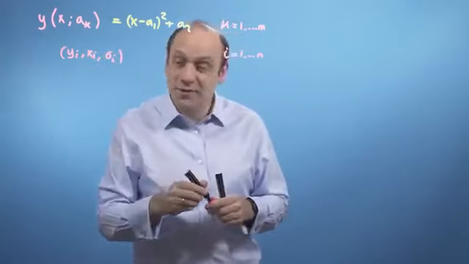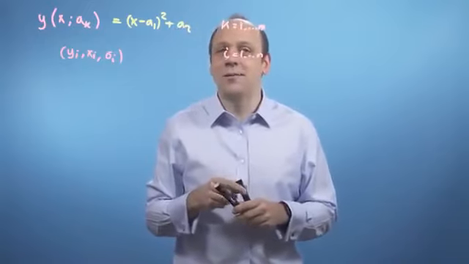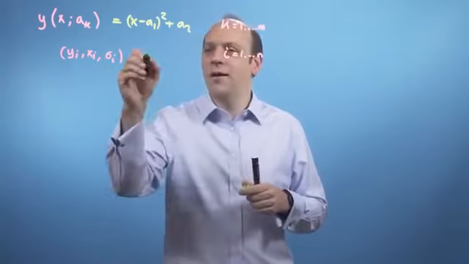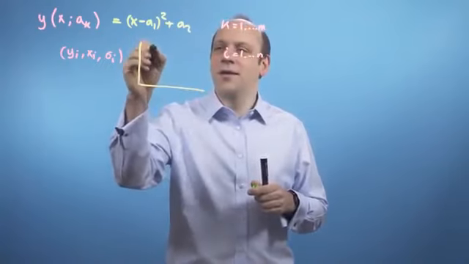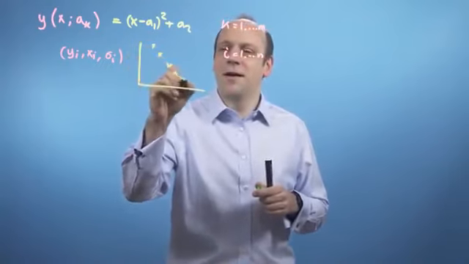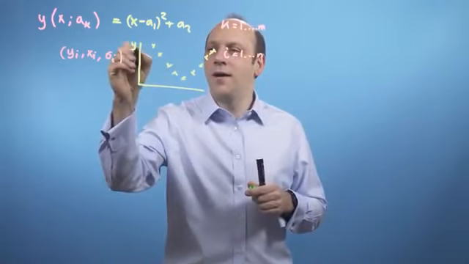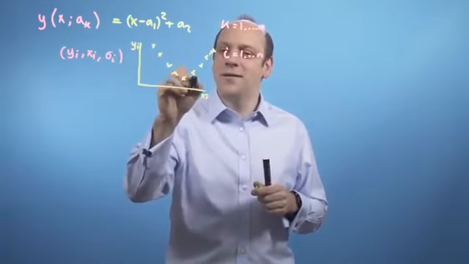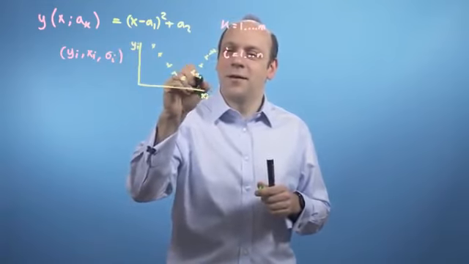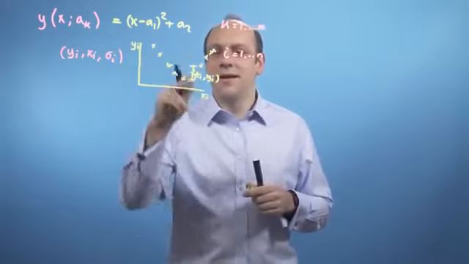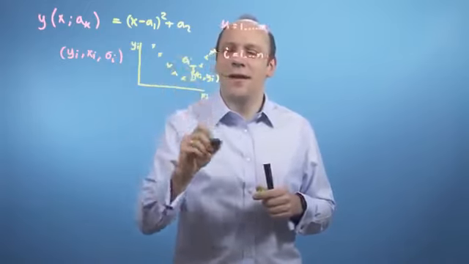That is, the more uncertain I am about the data point y_i, the bigger the uncertainty sigma is going to be. So I can sketch that out, something like this, as an example of my y_i's and my x_i's. Each one's got an uncertainty sigma_i.